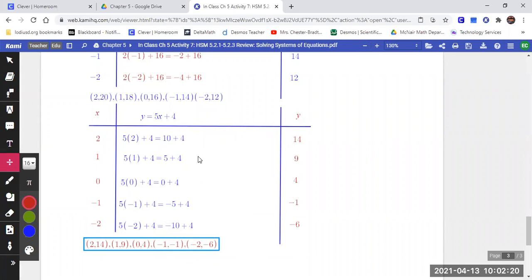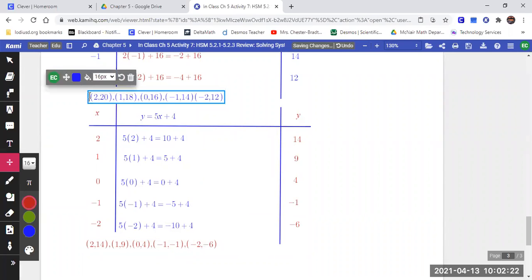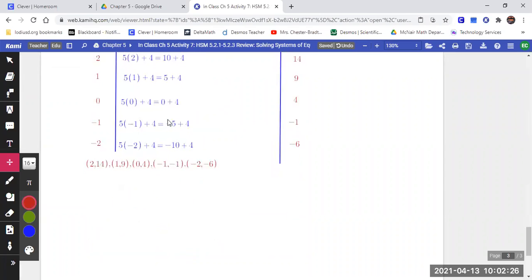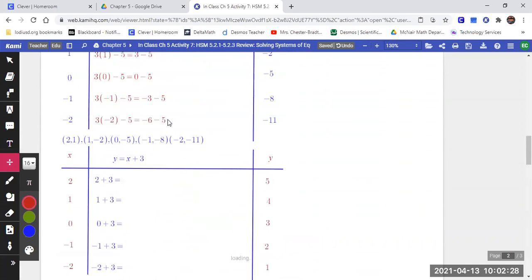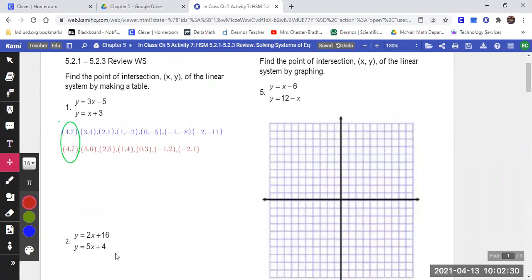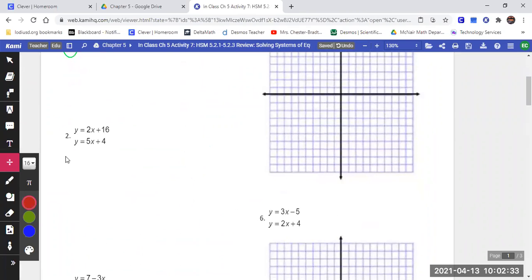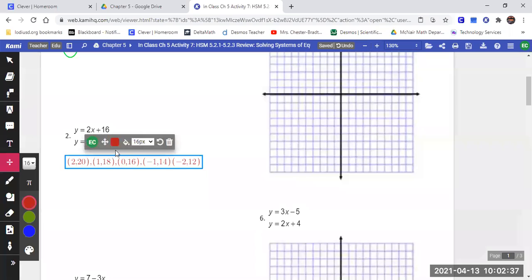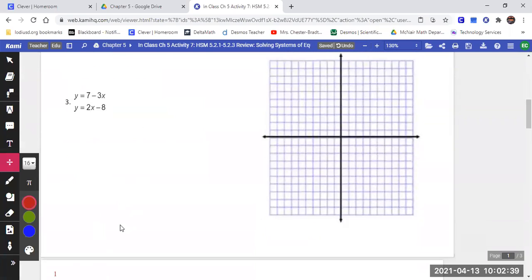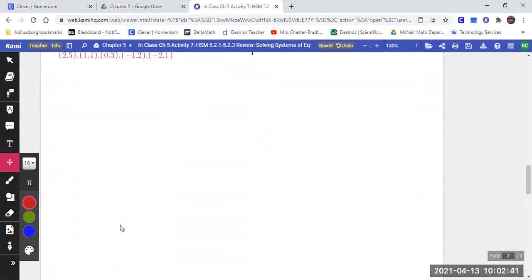Okay, let's go copy our lists to up above. This is number 2. I did it again. I forgot to change it.